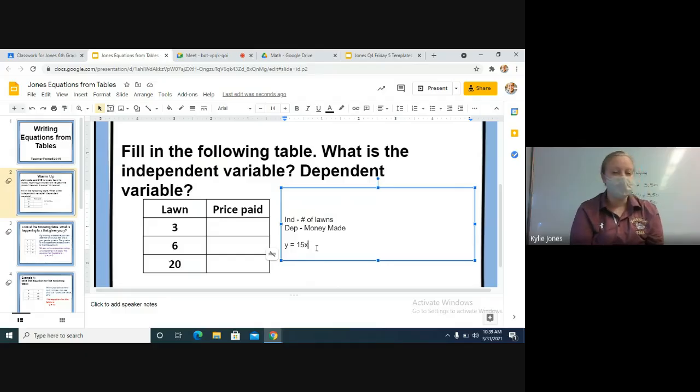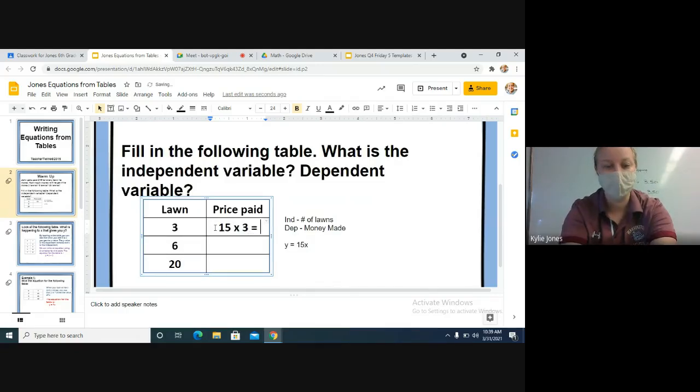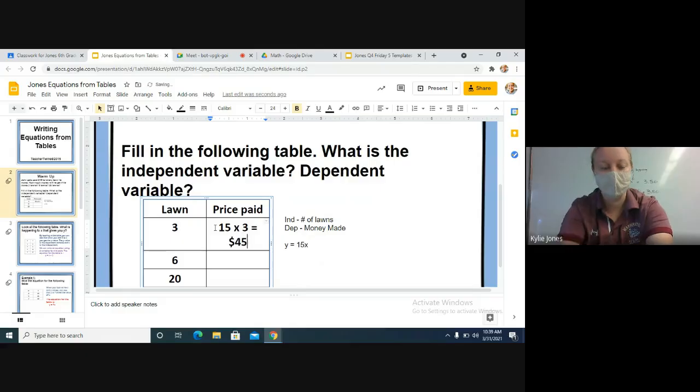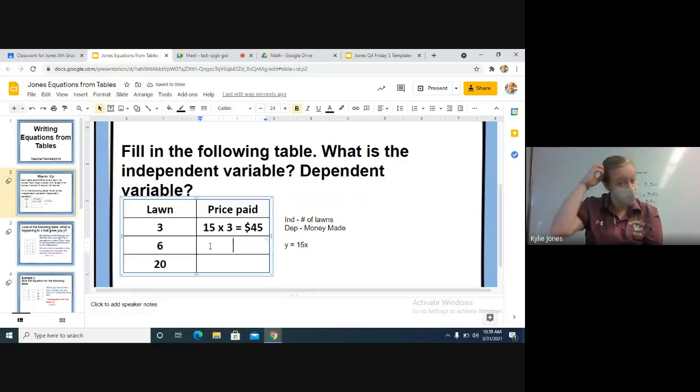So for this one, for the price paid, you guys said it multiple times, 15 times 3, which is, you guys did that already? $45. Good. Okay. What about for 6?